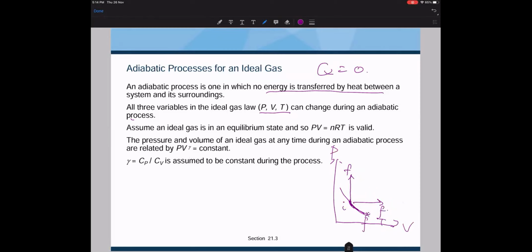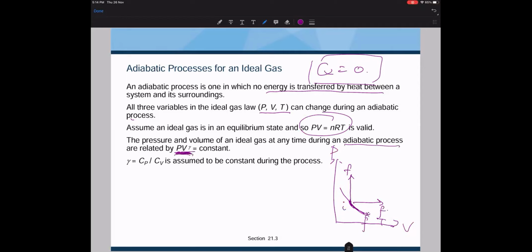But at least we are sure about two things. First, Q is equal to 0, no heat supplied for the change from initial state to final state. And secondly, it is an ideal gas, so the ideal gas law is still valid. In fact, with some derivation, we would obtain a very important relation between pressure and volume in the adiabatic process.